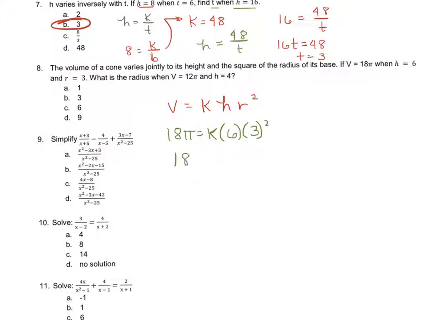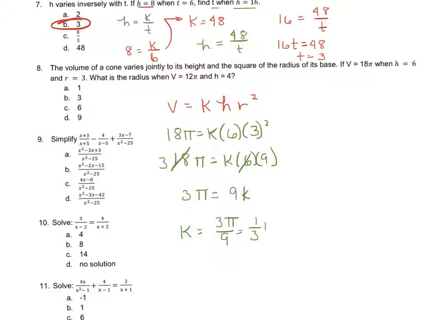And so 18 pi equals k times 6 times 9. That's 54. Actually, I'm going to divide out the 6 first. 3 pi equals 9k. And so k equals 3 pi divided by 9, or 1/3 pi.